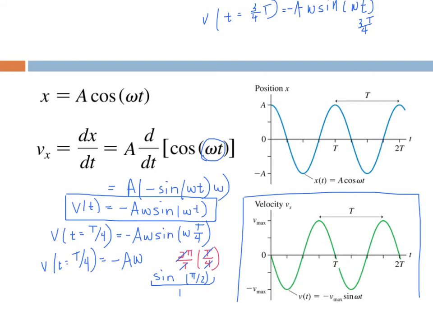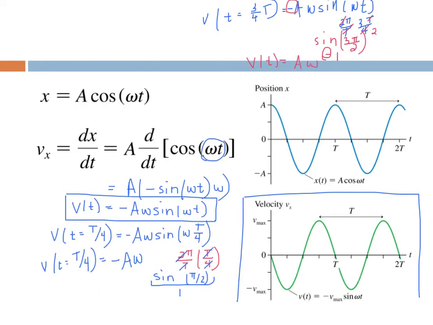Remember that omega can be replaced with 2 pi over T. The T's will cancel out. The 2's will reduce. And you're left with 3 pi over 2. And the sine of 3 pi over 2 is a negative 1. So these negatives will cancel out. And your velocity is now a positive a omega.